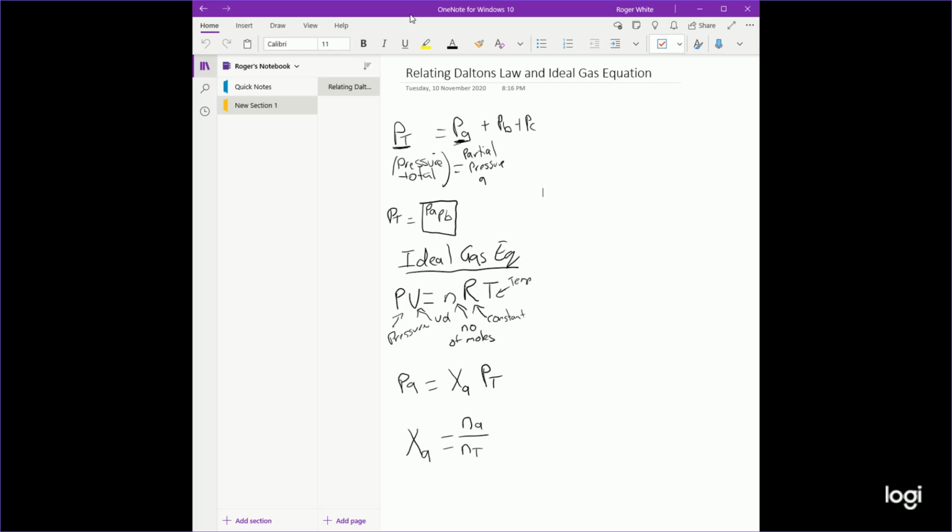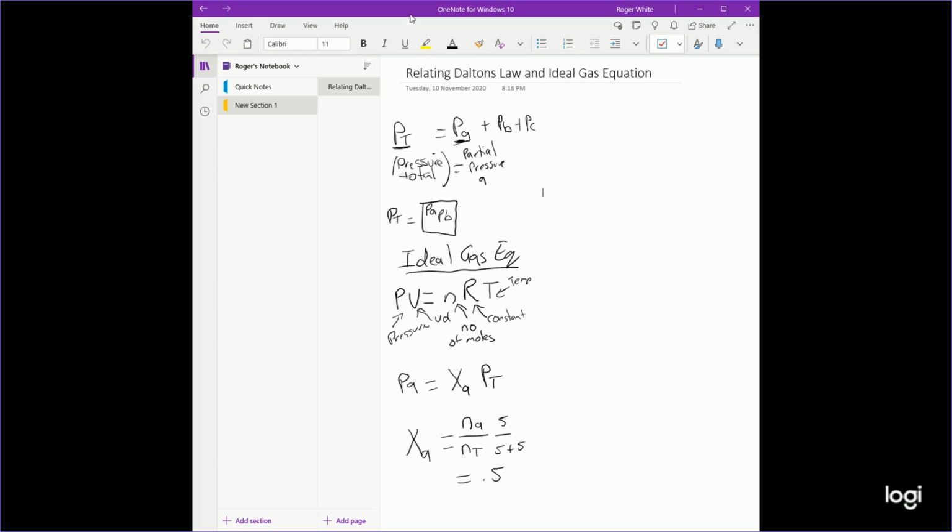The mole fraction will be 0.5. So you've got 5 moles of A, and in the whole total, your 5 moles of A plus, say, 5 moles of another substance. That'll give you 10, right? Which will equal 0.5. So that will be your mole fraction in that scenario.